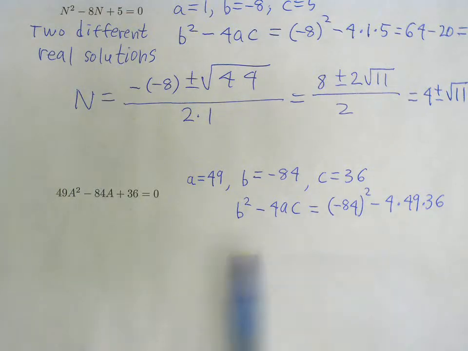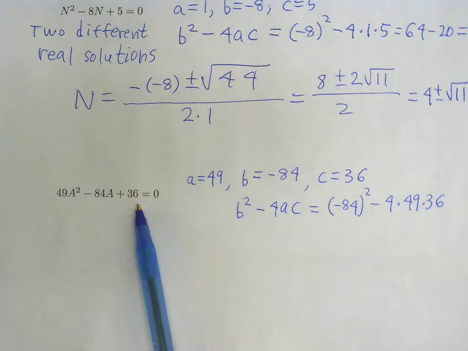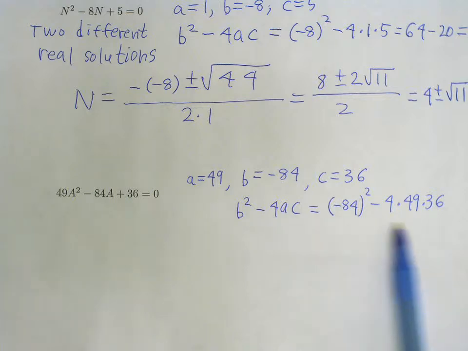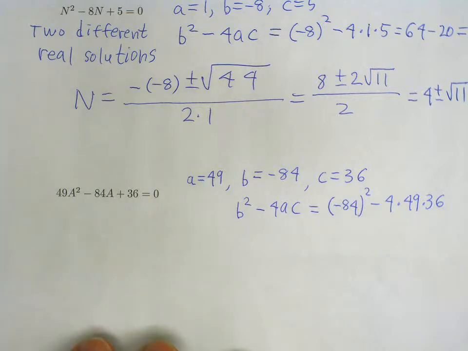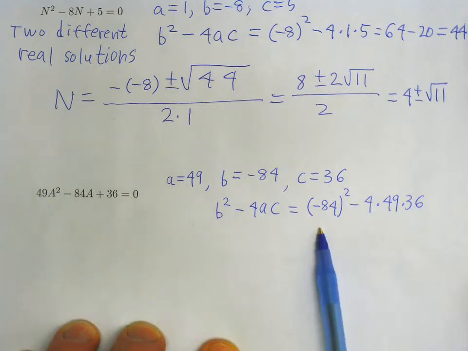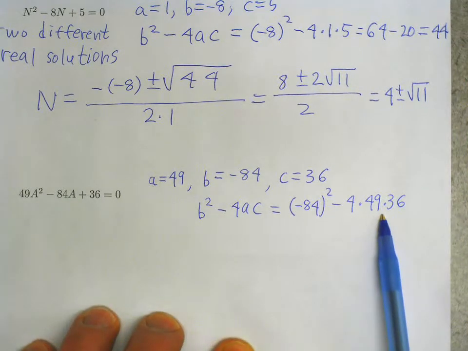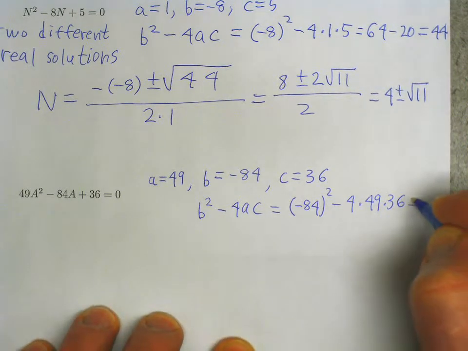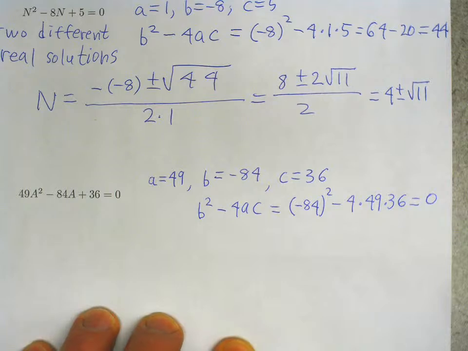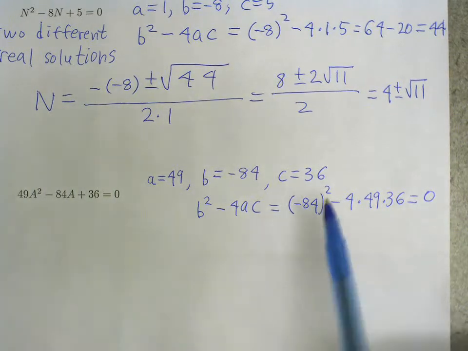Well, with a high-powered calculator, you'll find that this comes out to 0. So the number negative 84 squared is positive because you're squaring a negative. And then when you subtract 4 times 49 times 36, you just get 0. So you can verify that with your TI-30.